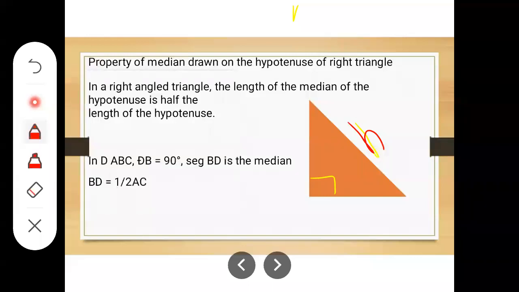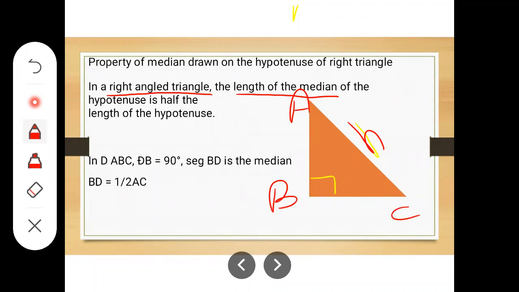So here, what is the property? In a right angle triangle, the length of the median. Now draw the median here. First, I have to label the triangle A, B, C. Now draw the median from vertex B on the hypotenuse.